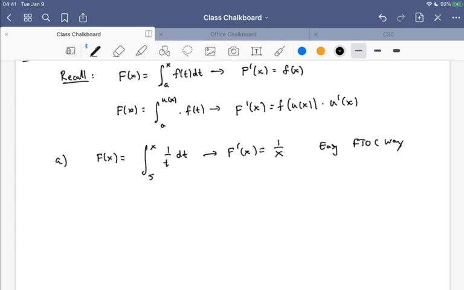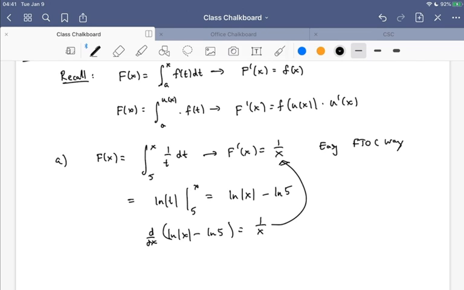We could have done this another way, which is to say that the antiderivative of 1 over t is natural log absolute value of t from 5 to x, which equals natural log of absolute value of x minus natural log of 5. And then if we take the derivative of that, we just get 1 over x, which is, of course, the same thing that the easy way gets us.